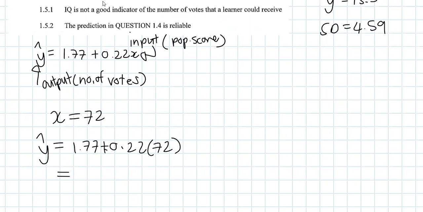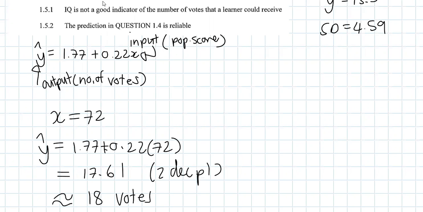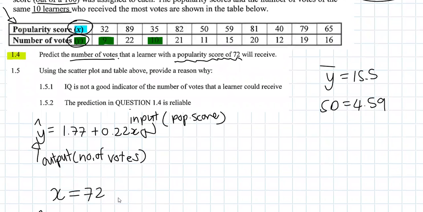Quick calculator work, and this comes to 17.61, rounded to 2 decimal places. And the final answer, rounded, is approximately 18 votes.